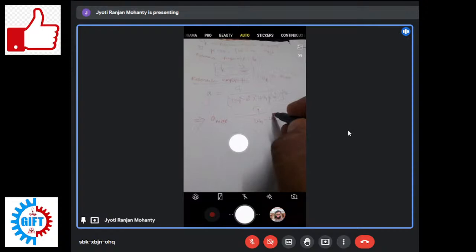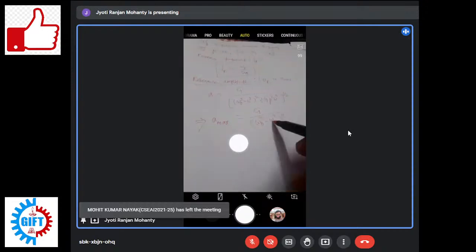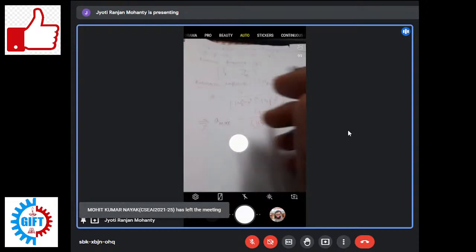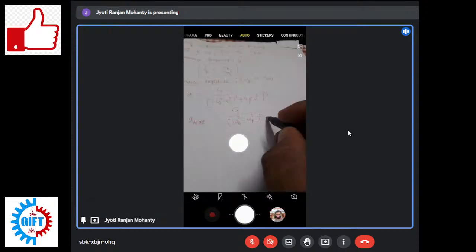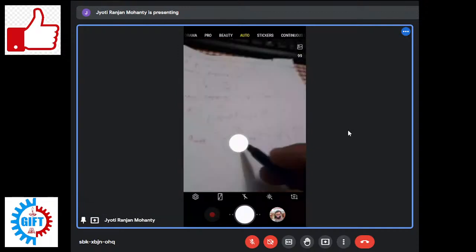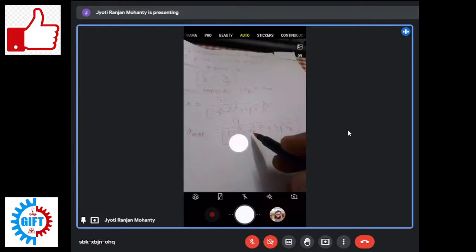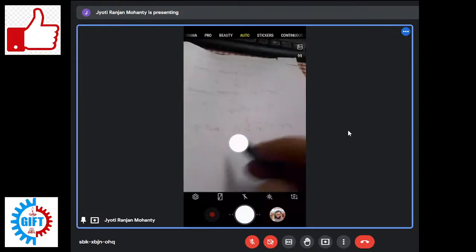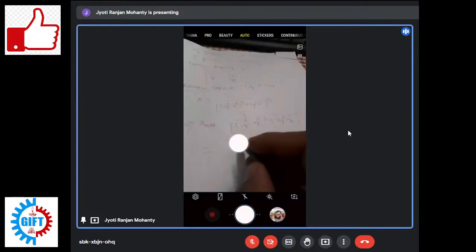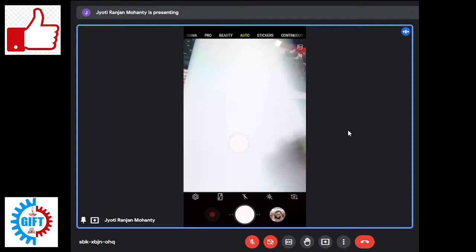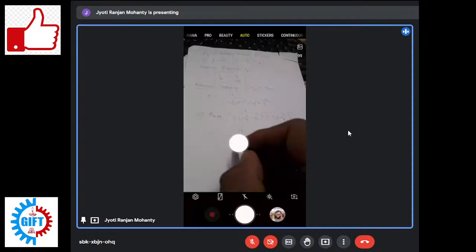When omega becomes omega r, A becomes A max, plus 4 beta square, omega naught square minus omega r square. So this implies G is equal to G divided by omega naught square.